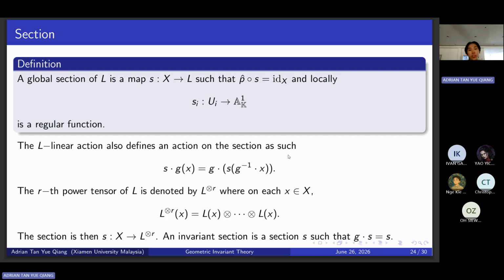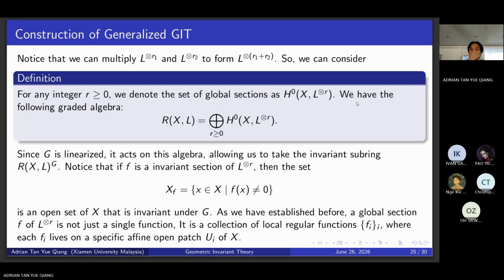But another motivation is that we wanted to create a graded algebra. Because we know that if you have L^R1 and L^R2, you tensor them together, then you get L^(R1+R2). And we denote this set of global sections as this thing.